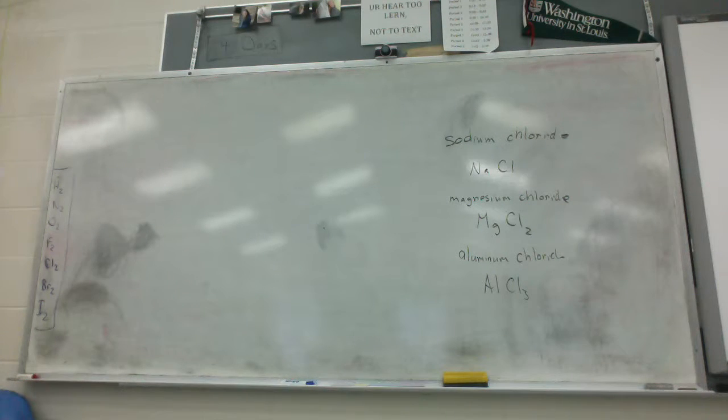The exception to that is if there's only one of the first element. That's the only time we're not going to use a prefix. You guys actually are very familiar with that, you just don't know it yet. I'll tell you about it here in a little bit, okay? Those are the prefixes that we're going to use. You guys are probably familiar with probably like 6 to 7, possibly 8 of those.